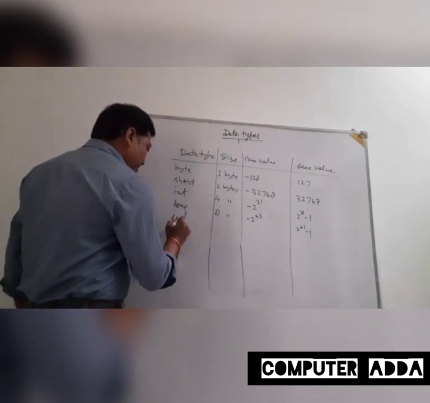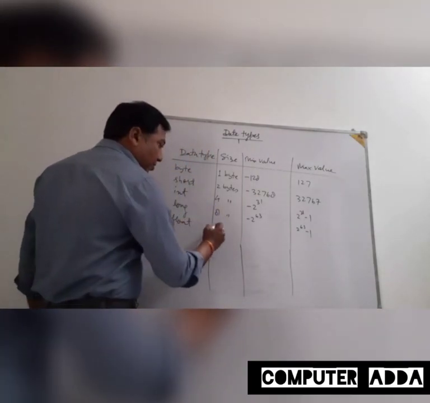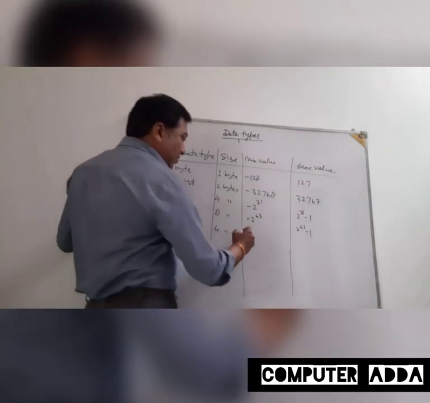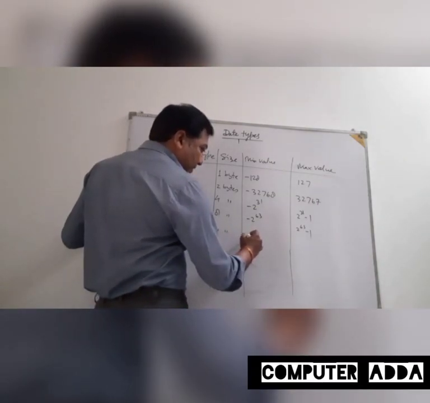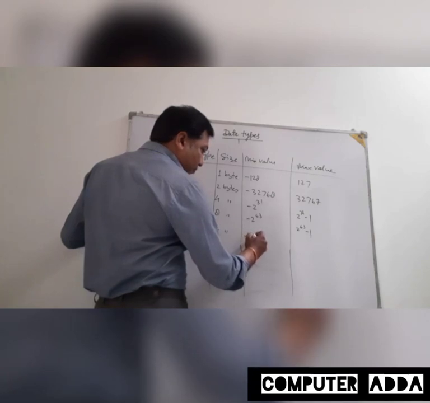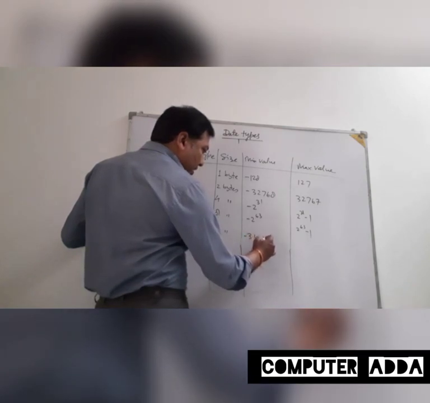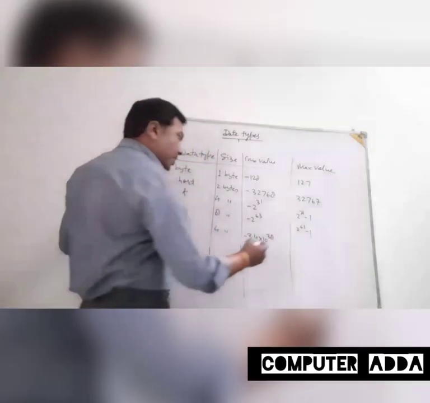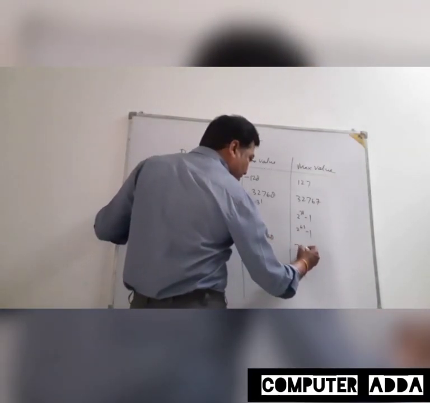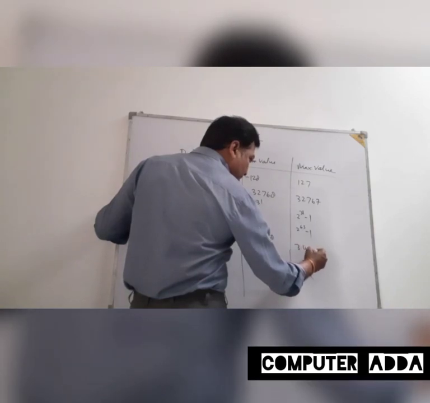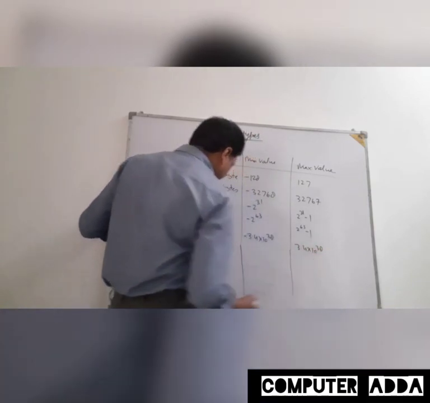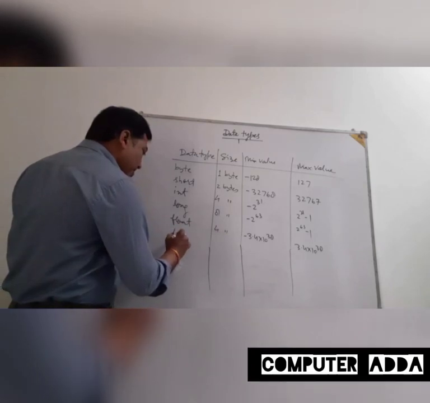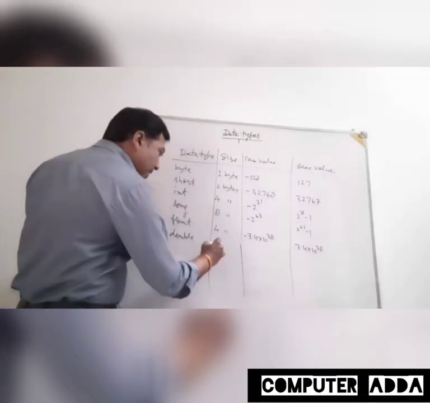Float occupies 4 bytes. The minimum value is minus 3.4 into 10 to the power 38, and the maximum value is 3.4 into 10 to the power 38. Double occupies 8 bytes.